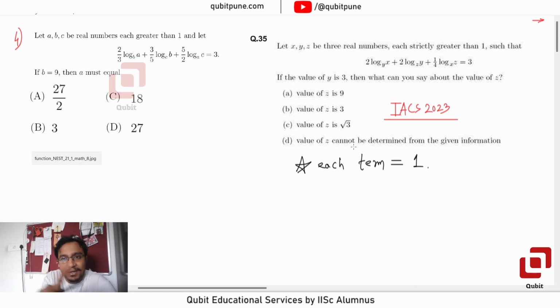Even in that NEST PYQ or that IACS PYQ, in both the cases, every term is equal to 1. And the answer lies in an inequality called the arithmetic mean geometric mean inequality.